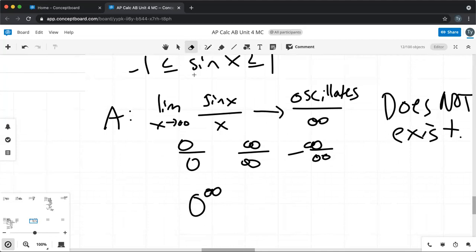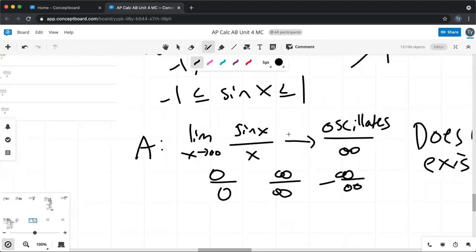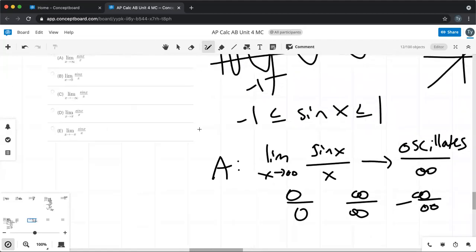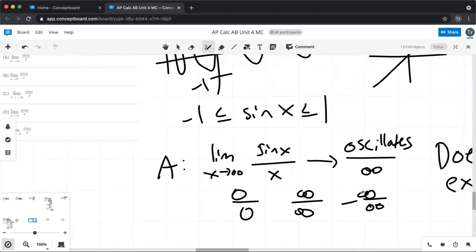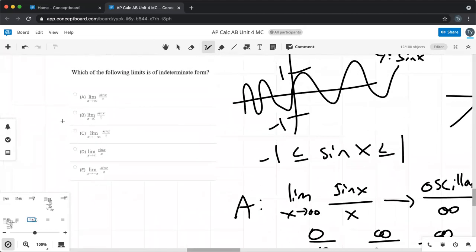We don't need them for this one. These are the only ones playing a role, and these were the three indeterminate forms that work for L'Hopital's rule. Okay, but keep in mind, it's not telling us to evaluate these limits.